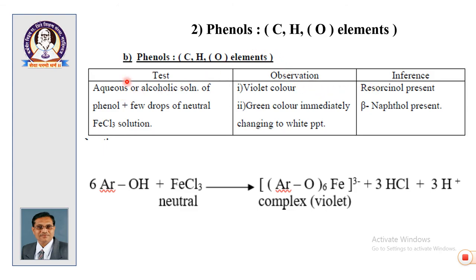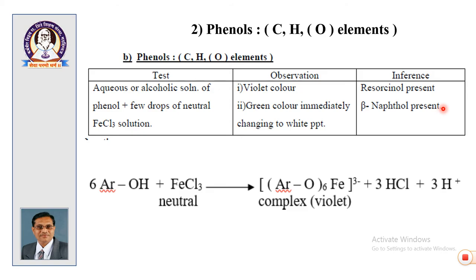So, let us see the test. Aqueous or alcoholic solution of phenol plus a few drops of neutral FeCl3, violet color means resorcinol is present. Second observation, green color immediately changing to white indicates the presence of beta-naphthol. Resorcinol can be confirmed in the beginning itself because it is water soluble.